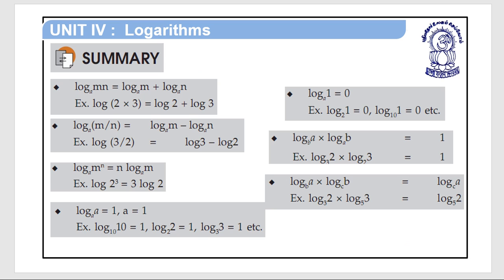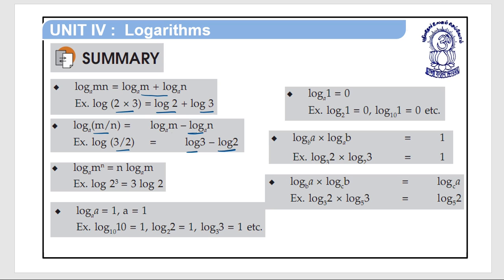Now go through the summary. Log mn is equal to log m plus log n, log 2 into 3, so log 2 plus log 3. Log m by n is equal to log m minus log n. So log 3 by 2 is equal to log 3 minus log 2.